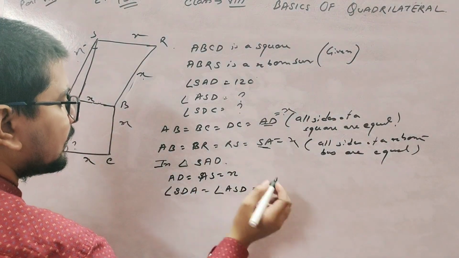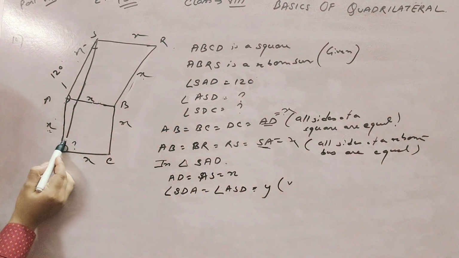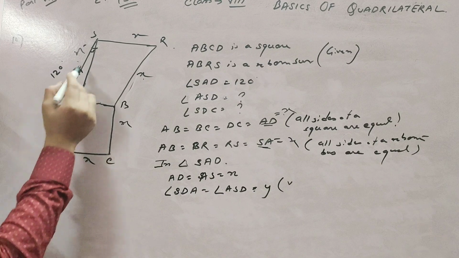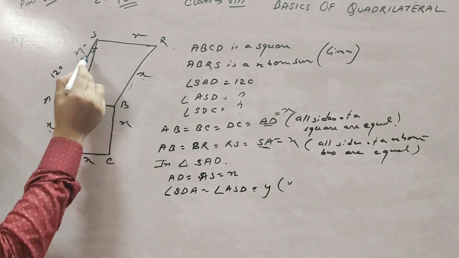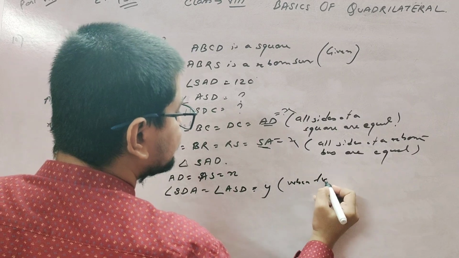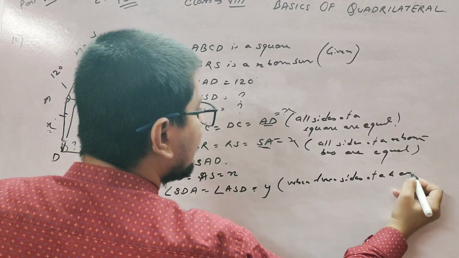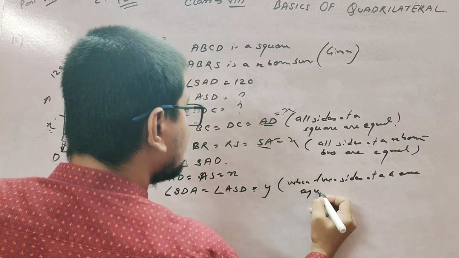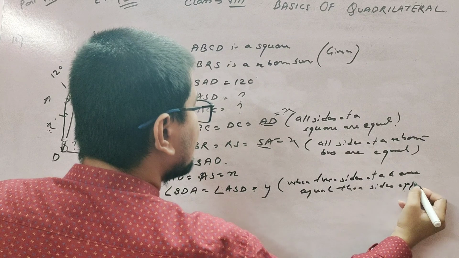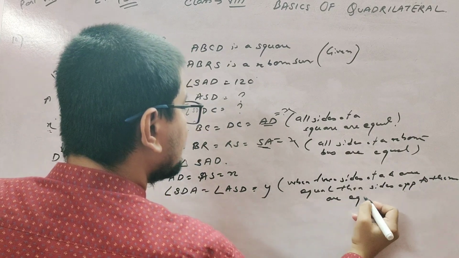ASD we take as y, because again I repeat, this angle is equal to this angle, because these two sides are equal. When two sides of a triangle are equal, then angles opposite to them are also equal.